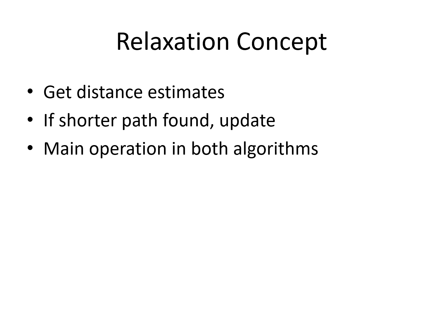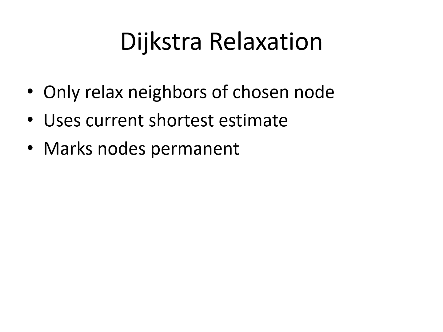This is the main operation in both algorithms. However, Dijkstra is a little more efficient because it makes the shorter path permanent, whereas the other can have negative values, ending up in a possibly not-short path.